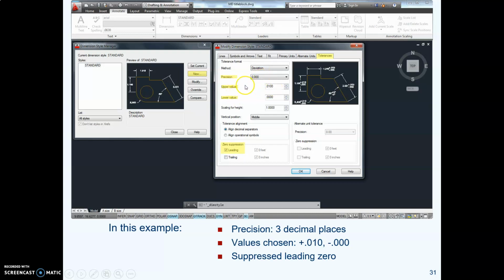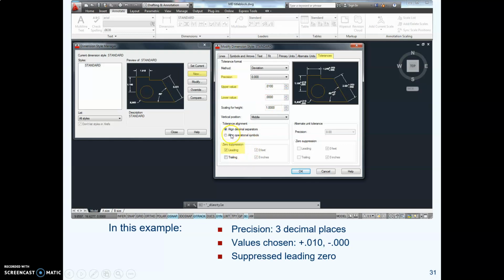You'll set the upper value is the plus, the lower value is the minus. So if you're doing plus 10 minus nothing, here's what it looks like. And in these values, you don't need to worry about how many zeros there are here because you have already set the precision at 3 decimal places. So it will just ignore the extra zeros.